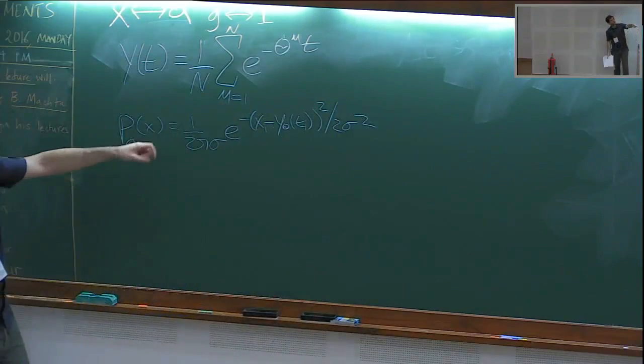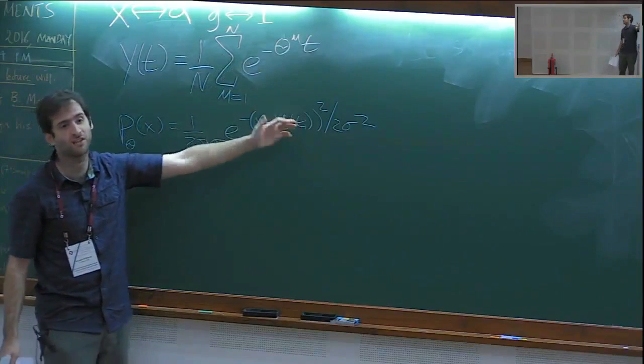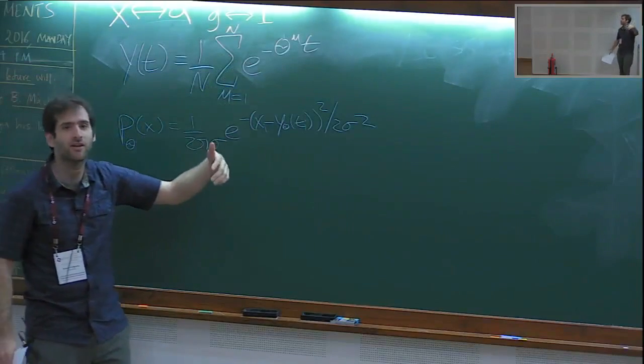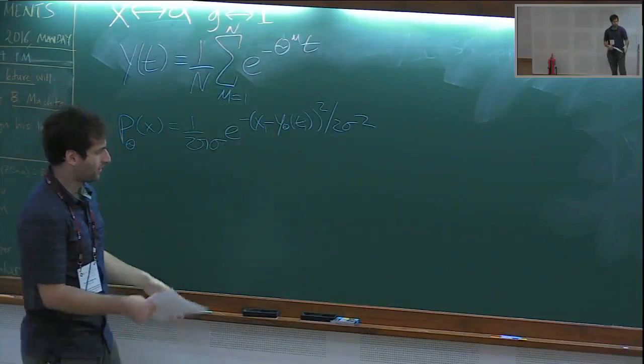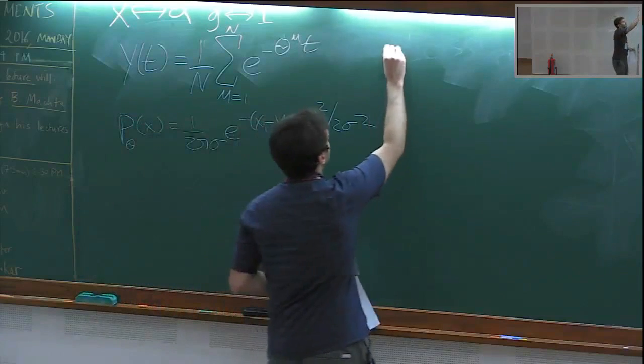So my model is going to make a deterministic prediction, and then I'm going to assume that the data I actually see is Gaussian distributed around that prediction. And let me draw this out.